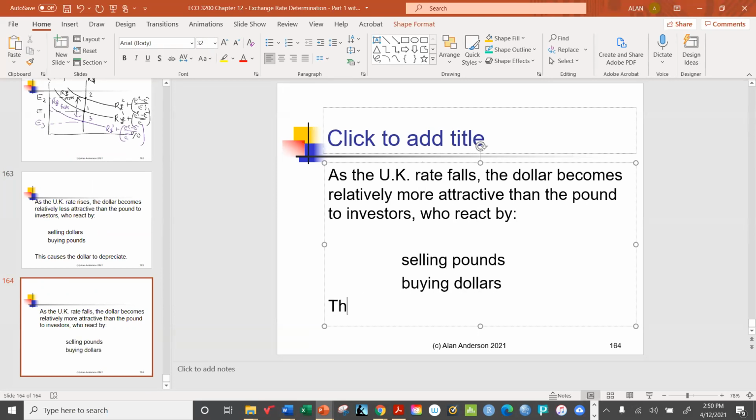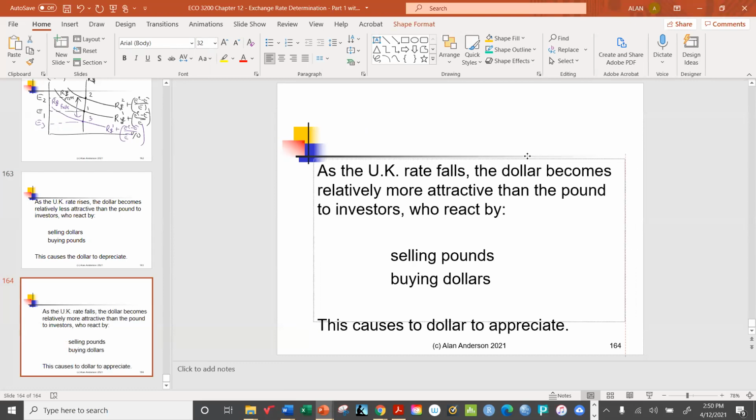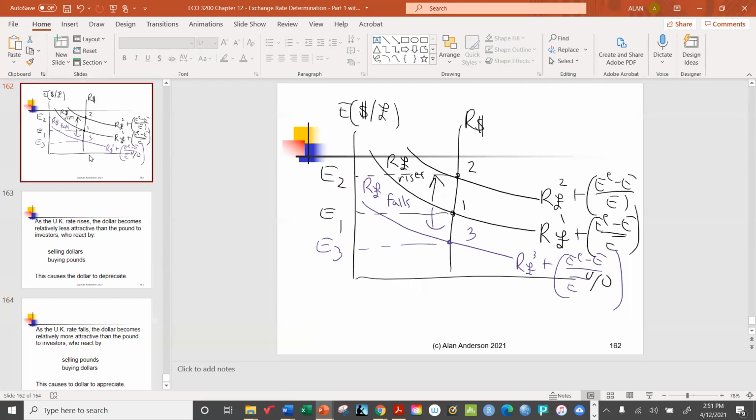And this, of course, causes the dollar to appreciate. Okay. So we can have either case. A higher British rate weakens the dollar, a lower British rate strengthens the dollar.